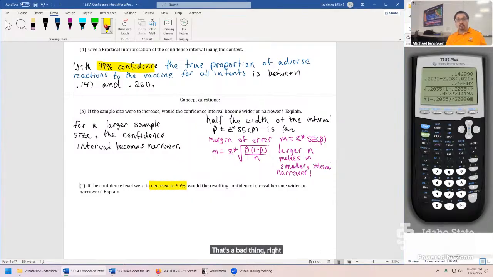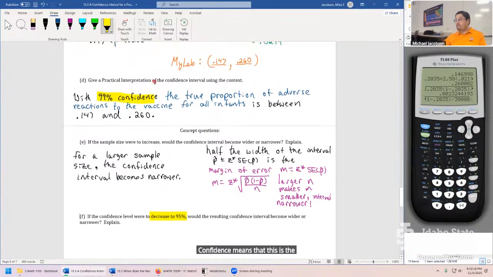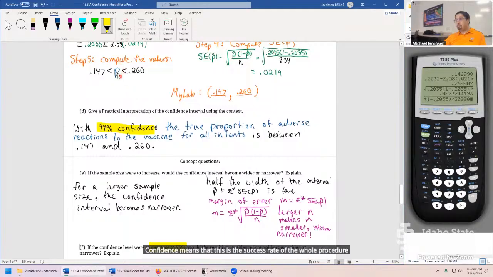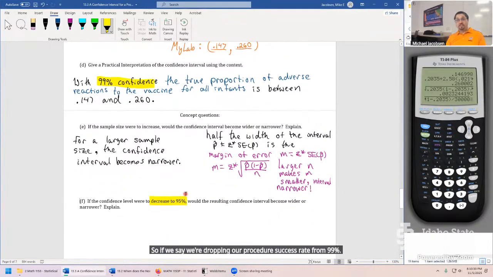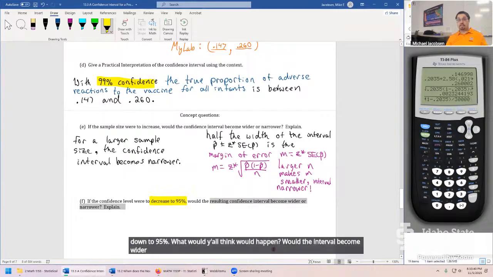Higher confidence is better. Confidence means that this is the success rate of the whole procedure in capturing the unknown parameter p within our interval. We want that procedure to be highly successful. So if we say we're dropping our procedure success rate from 99% down to 95%, what would you all think would happen? Would the interval become wider or narrower?